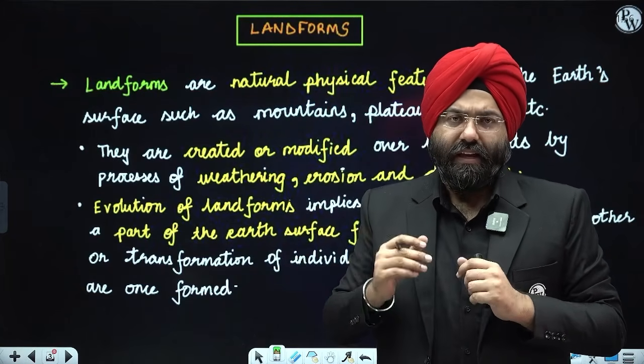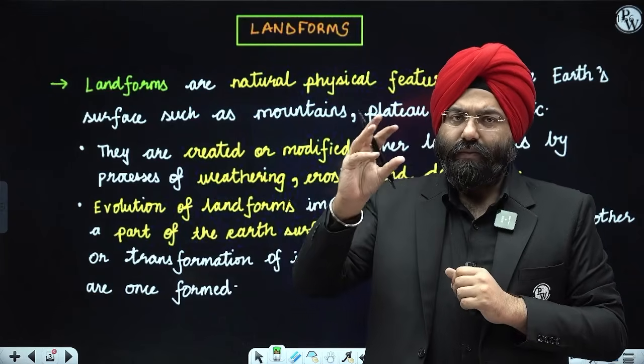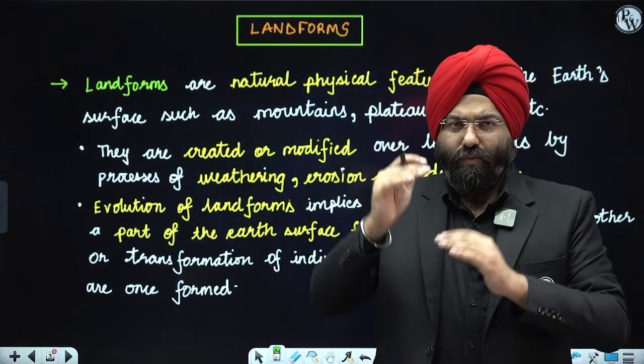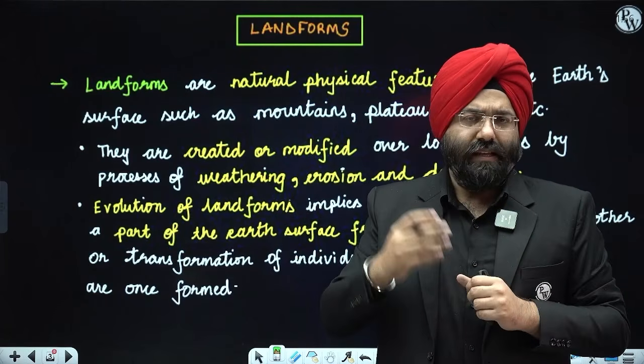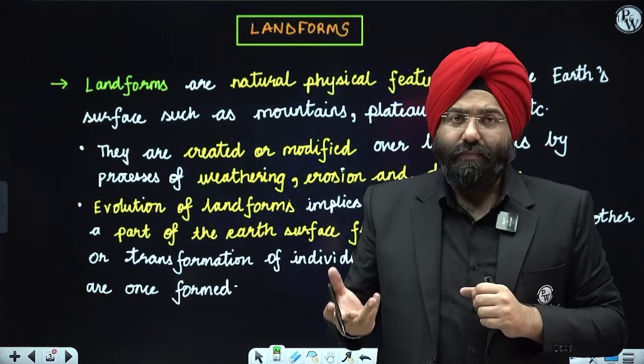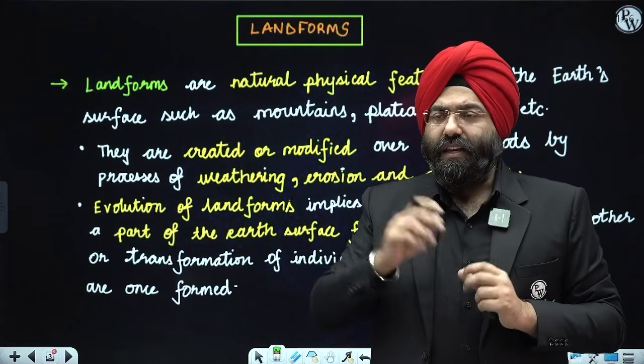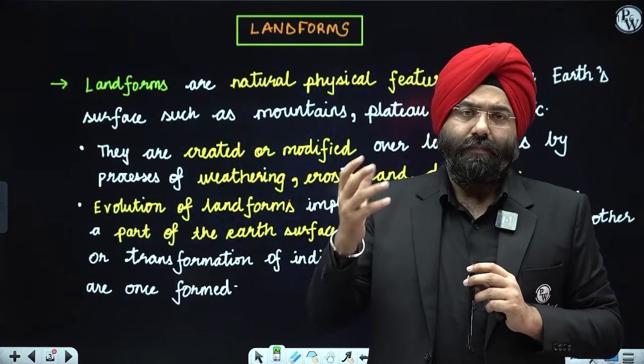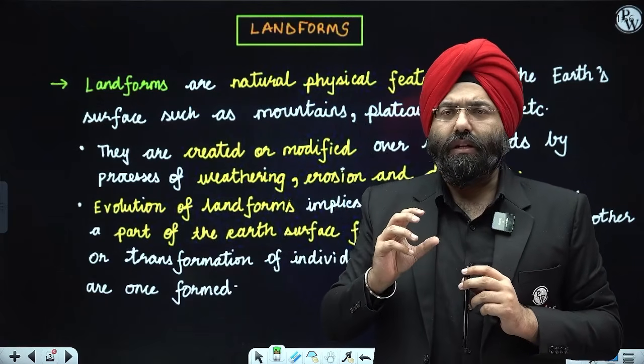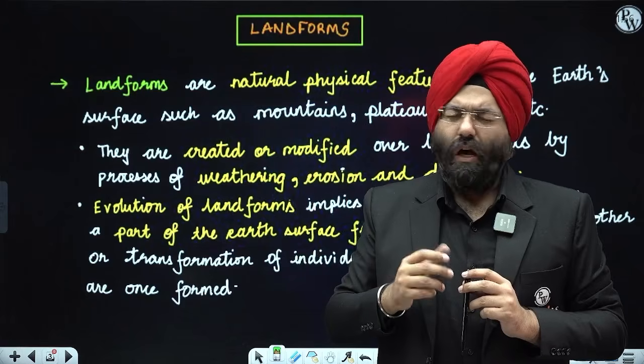A landform is an outcome of these processes that are going on. Some processes might be eroding them, some might be creating them. Whether it is a mountain or a plateau, you often hear the word eroded plateaus. How come?